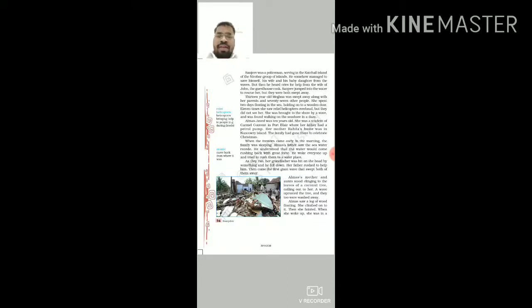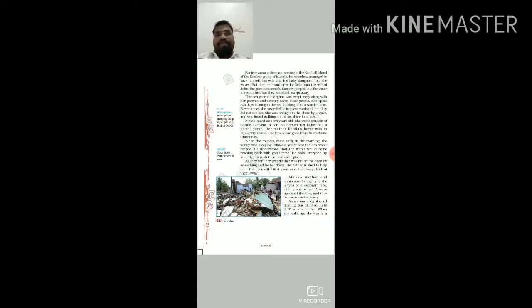As they ran, her grandfather was hit on the head by something and he fell down. Her father rushed to help him. Then came the first giant wave that swept both of them away.